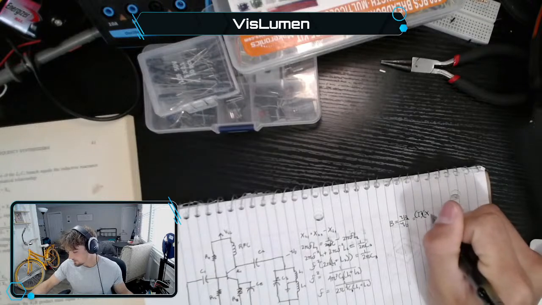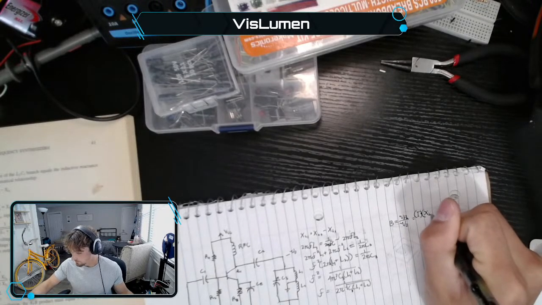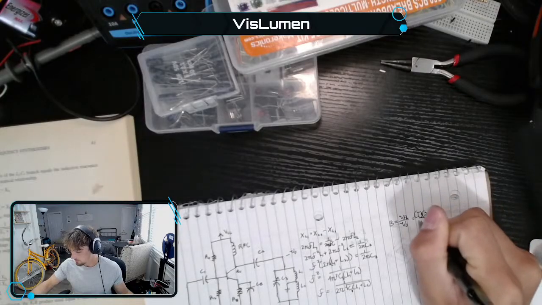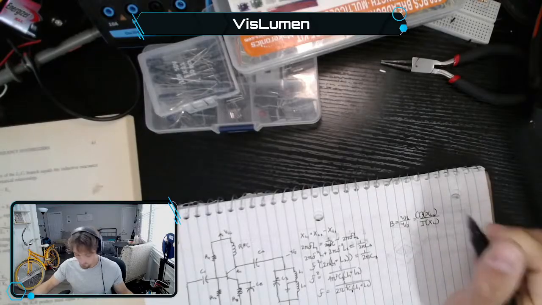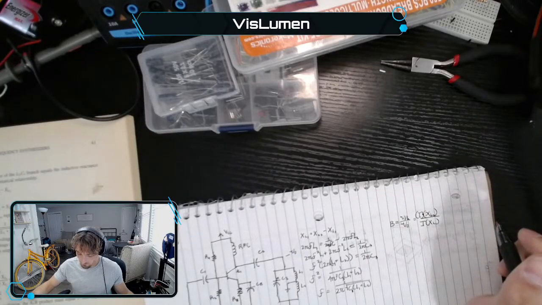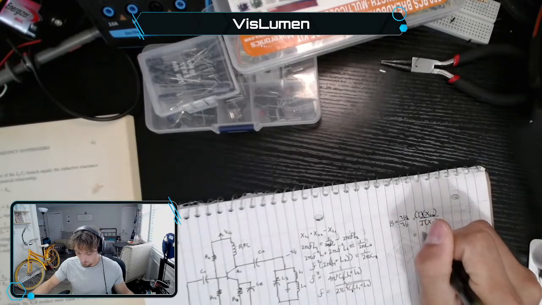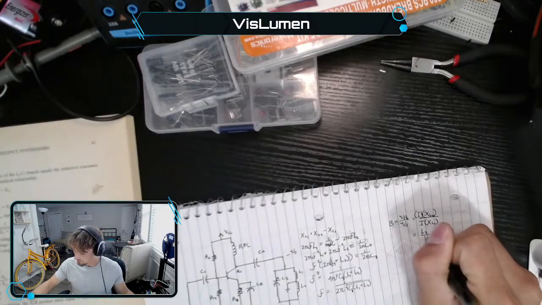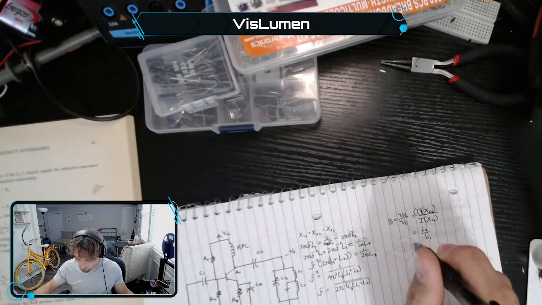And times XL2 divided by I times XL1. Yeah, that was good. 2 pi f L2 over 2 pi f L1. And so this reduces to L2 over L1. And that's our feedback driving the base.